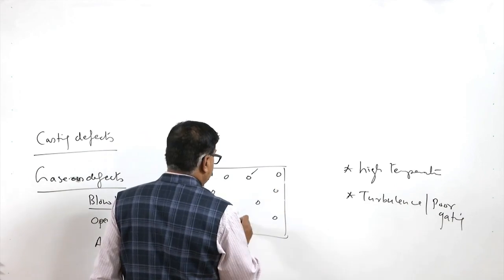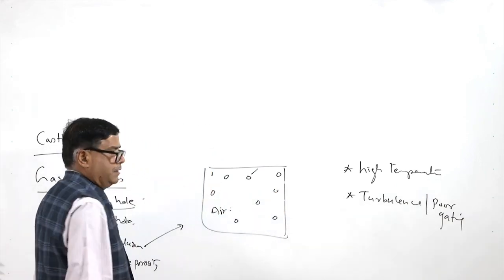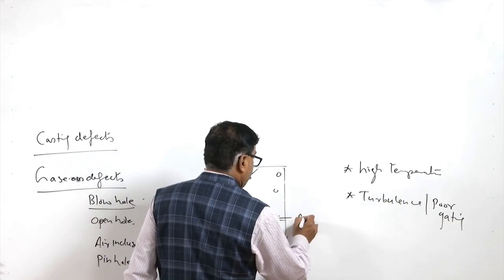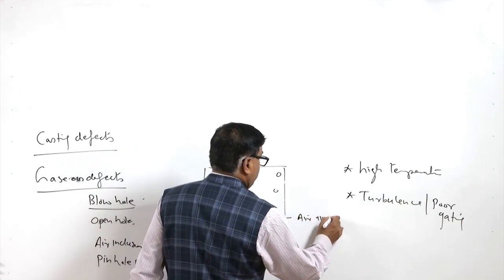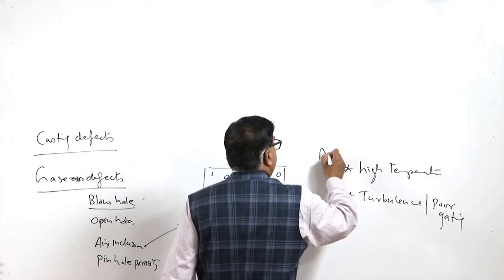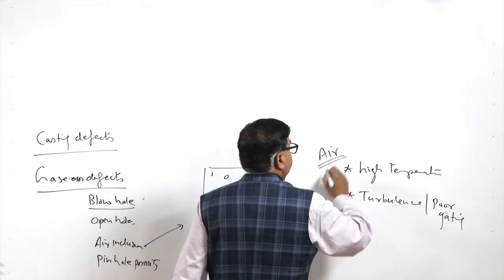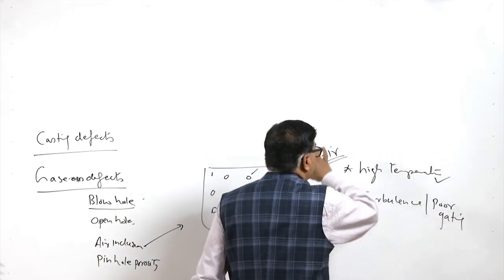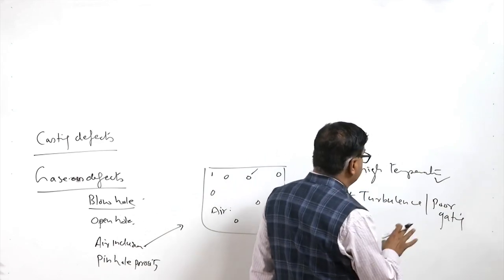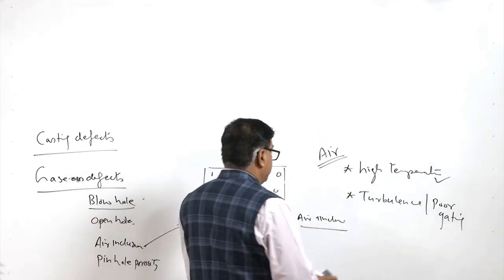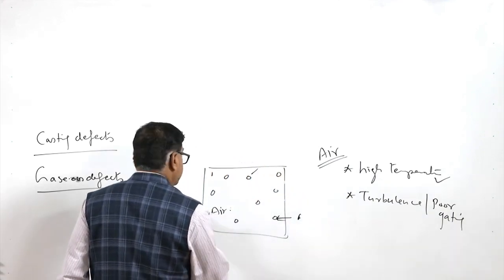These are finer than the blowholes, and these are air inclusions. So, these are basically caused by the presence of air or atmospheric gases due to their dissolution at high temperature, or the mixing of atmospheric air in the molten metal due to the high turbulence during the flow of the molten metal in the gating system.